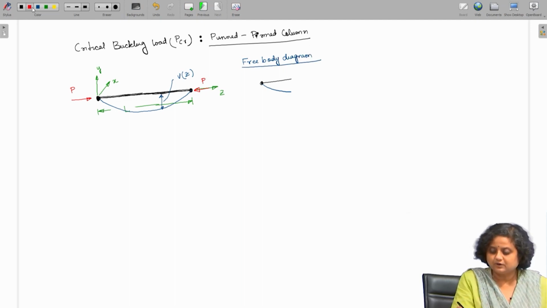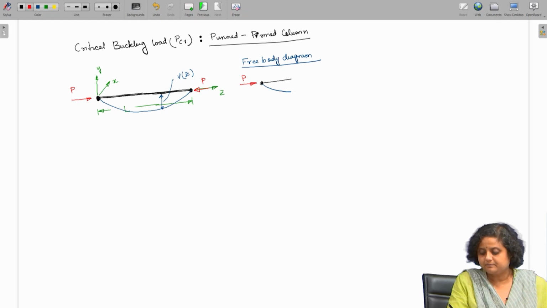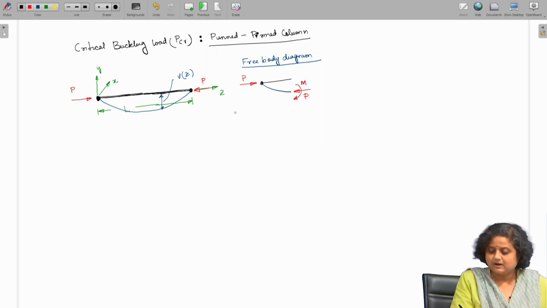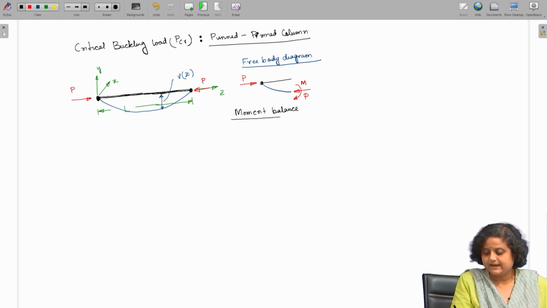Now, the forces on this are going to be P. Now, because of P, there would be another internal force P, and to have a moment balance, there would be an internal moment M. Now, if we write down the moment balance equation, what do we get? We get M plus PV is equal to 0.